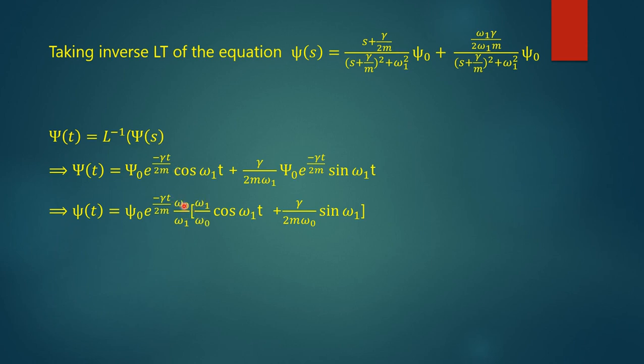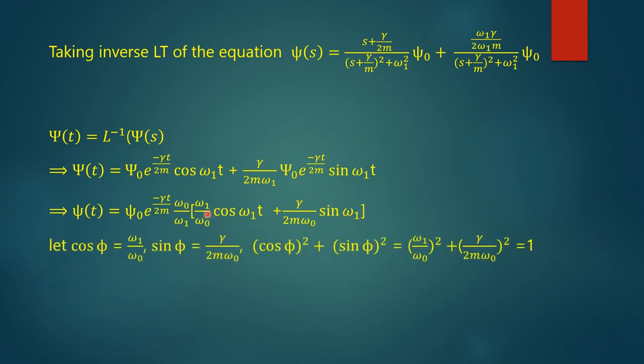That is, omega naught by omega 1 into omega 1 by omega naught cos omega 1 t, plus here omega naught by omega 1, that is, here omega 1. Thus this is written as gamma by twice m omega naught sin omega 1 t.